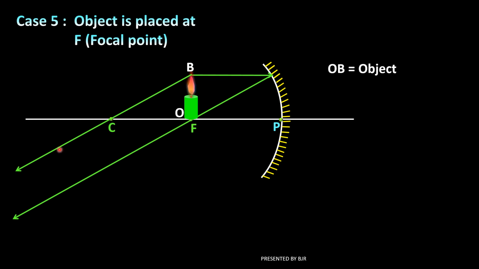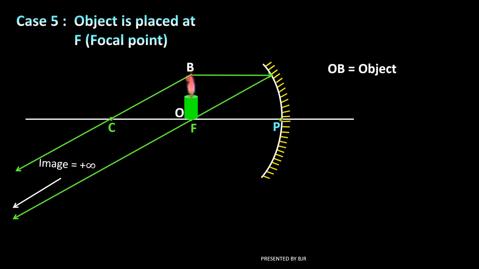That's why the image will not be formed. Otherwise we can say the image will be formed at infinity. Plus infinity means this side it is called plus infinity. Plus infinity means it is the real image. If it is formed, it is the real image. Why?